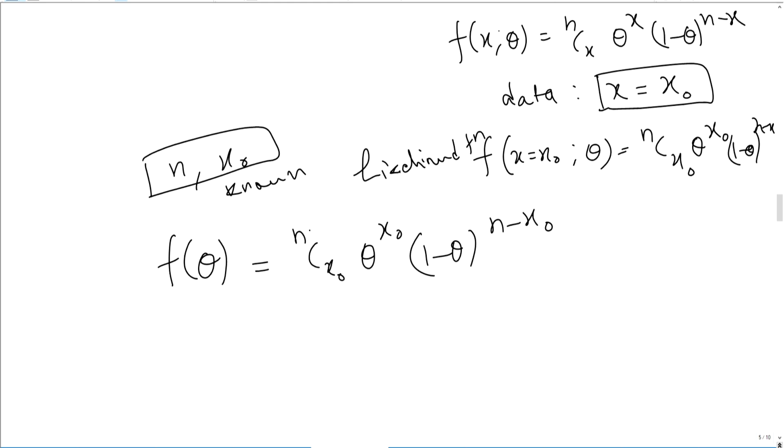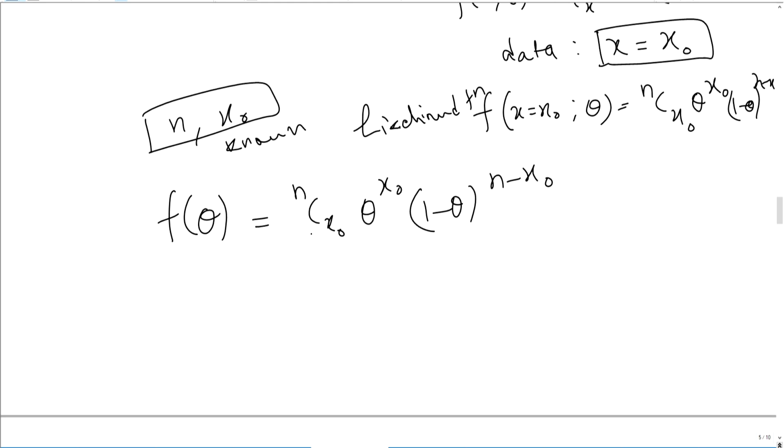Okay. Now, suppose I want to calculate the maximum likelihood estimate of theta. This is the likelihood function of theta. What does that mean?